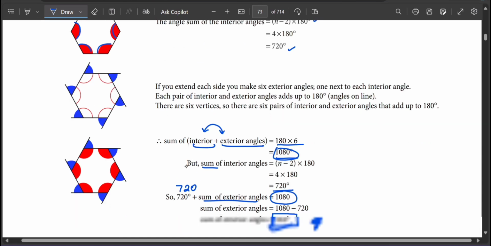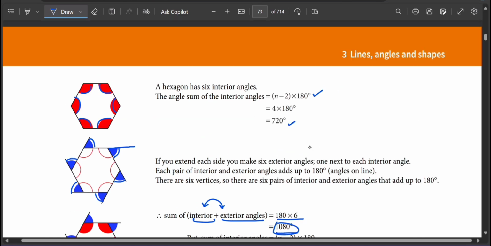And what we are doing is extending it to make a shape and we are going to calculate this particular area as well. If this is 720 degrees and this is 720 divided by 6, that's 120 degrees. That means this is 120, this is 120, this is 120, this is 120, this is 120, and this is 120.